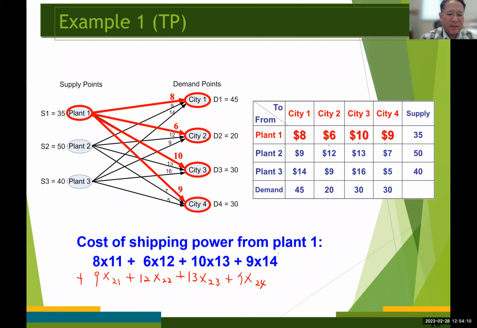So that's the cost of shipping the power from plant number 2.